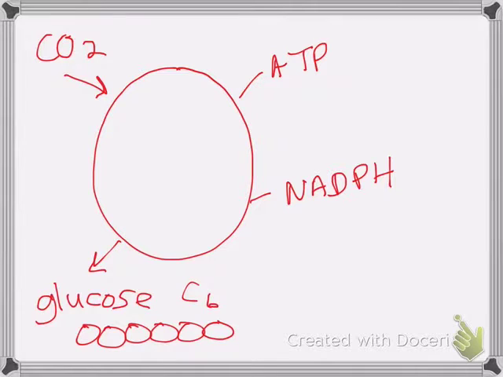We know that because of the formula C6H12O6. If we put 6 carbons in, each of the carbon molecules comes from one of the CO2 molecules: 1, 2, 3, 4, 5, 6. So this cycle spins 6 times to produce 1 molecule of glucose.